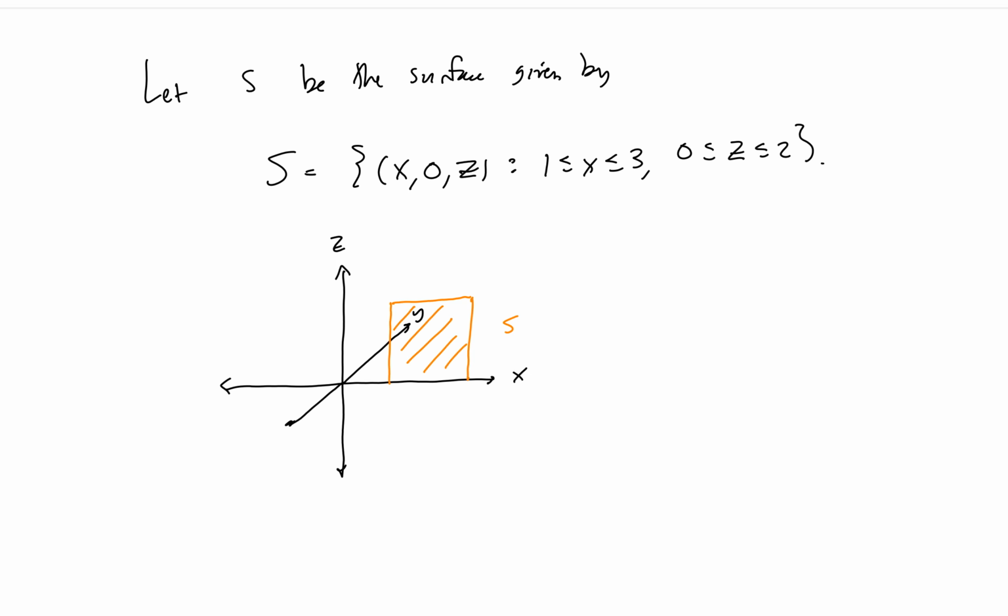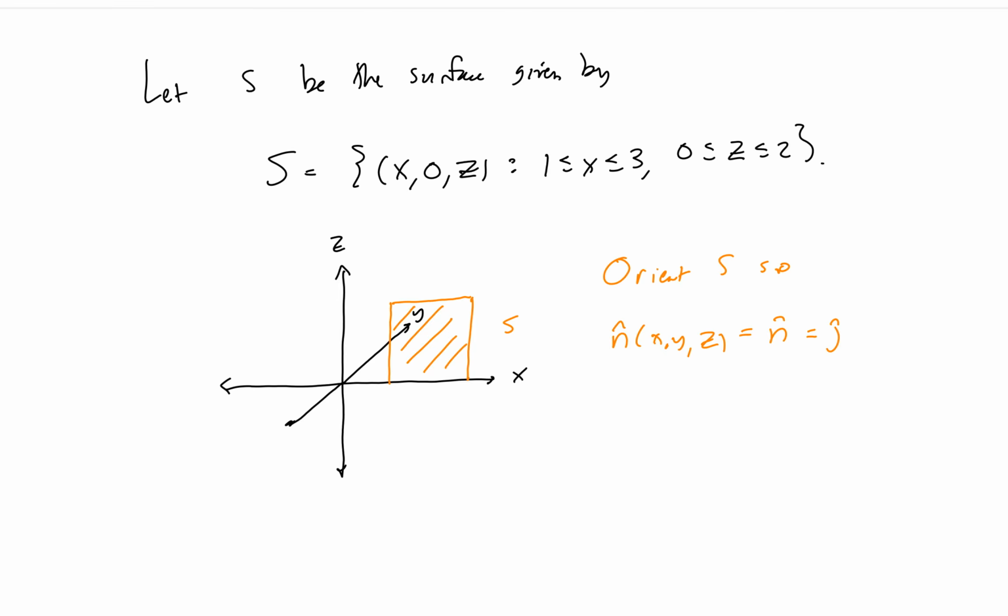And let's go ahead and give this orientation. So my n hat, since this is a flat surface, these are always just going to be constant n hats, and let's just call that j. So that's a normal vector going in the direction of y. So that works just fine for our orientation.